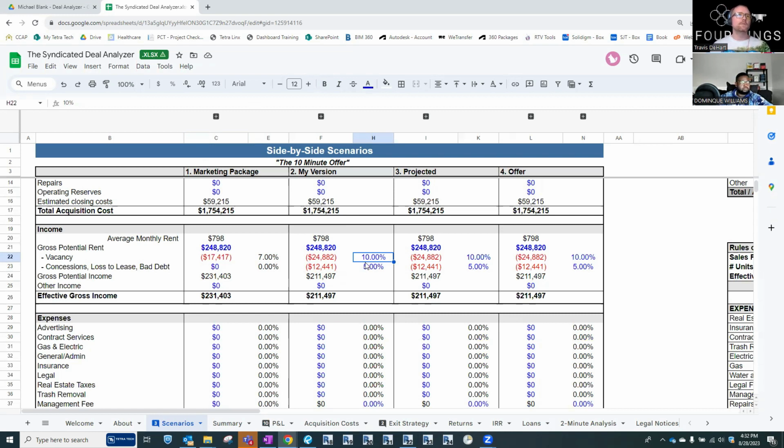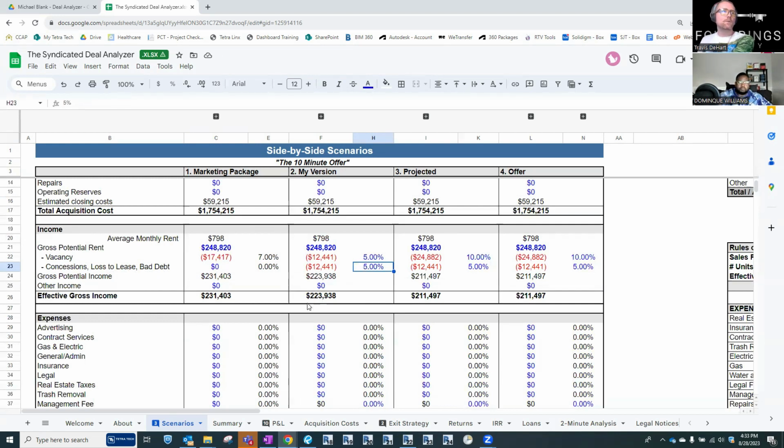Because if you think about it, even if you have 100 units and just one unit that you have to turn over, you miss a month's rent. If we just say 5% for vacancy and then another 5% for loss of lease, somebody that isn't paying you, maybe they're behind, right there we're just going to split that.